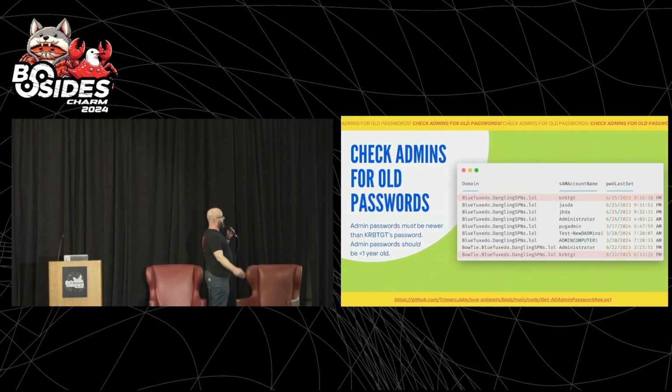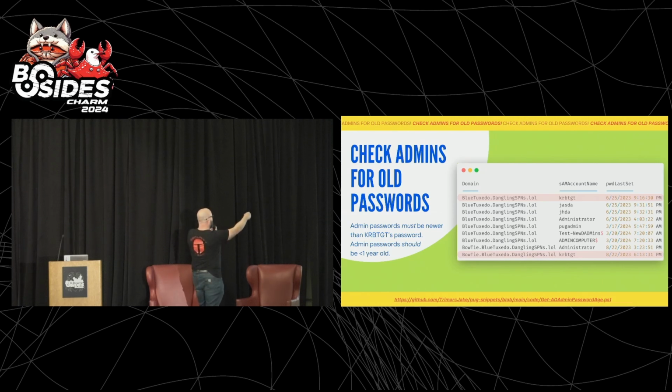Boom. A sorted list by domain of when the password was set, and then you can see clearly in BlueTuxedo.danglingspns.lol, Jim, the KRBTGT password is the oldest password in that domain.